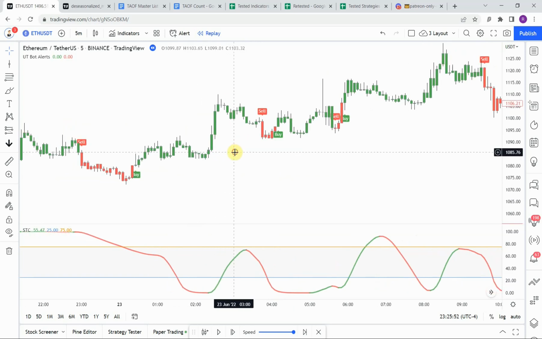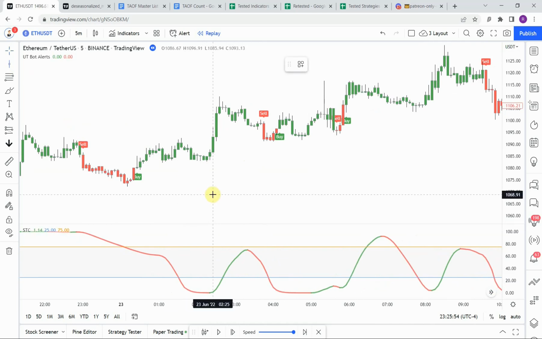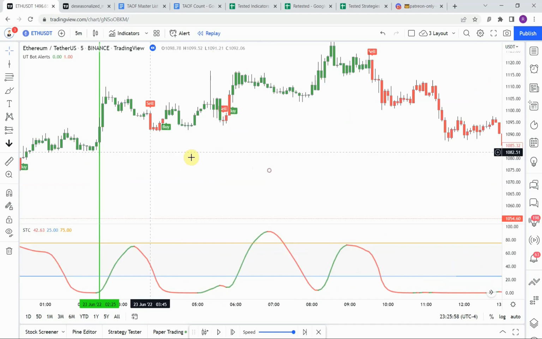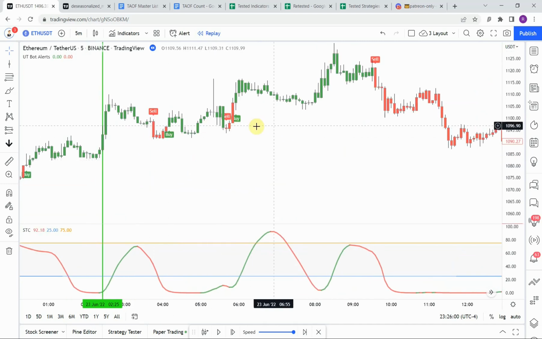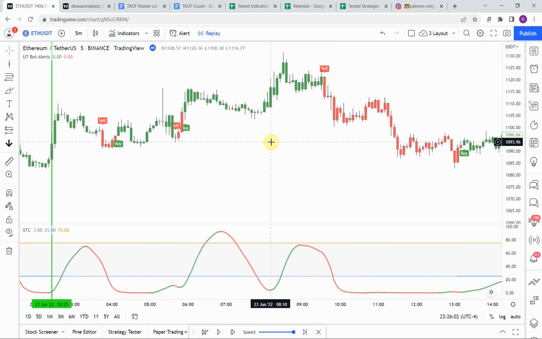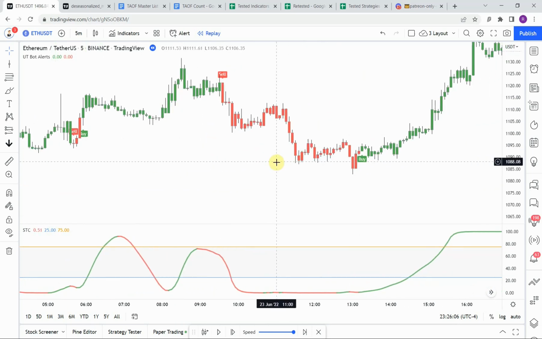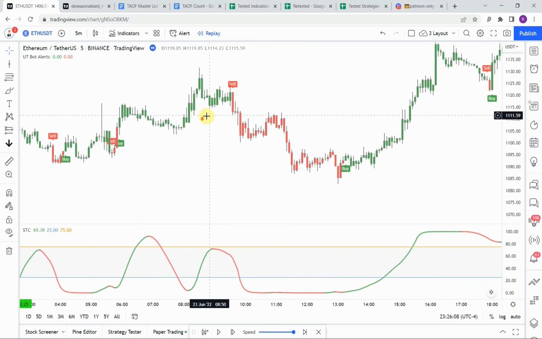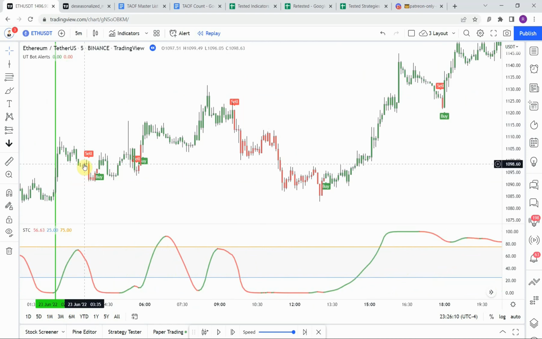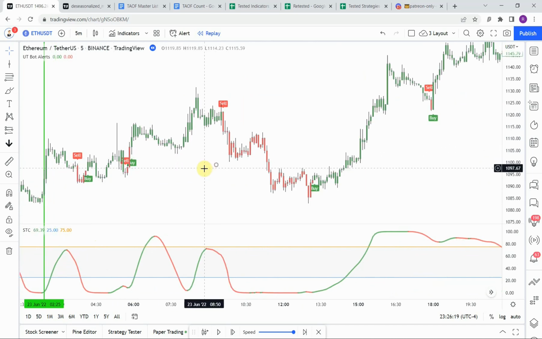And then again, I would exit when I got a valid sell signal. So in this particular case, if you look, we would have entered right there, and we would have continued riding this out, all the way, let's see, another buy there. So we get a sell here, but the STC didn't ever line up. We get a sell here, STC didn't line up.